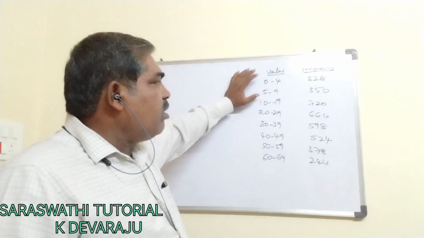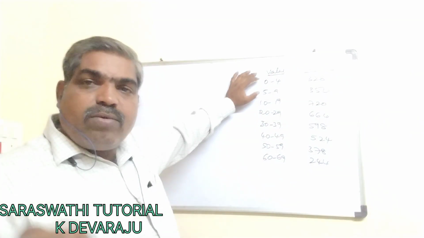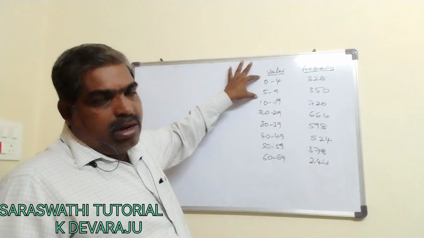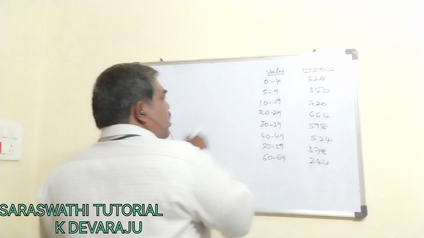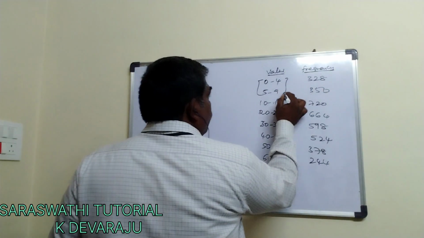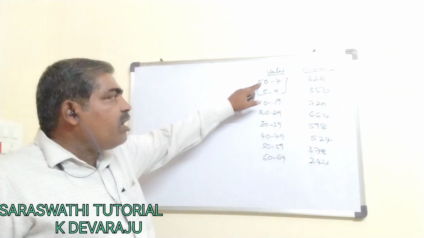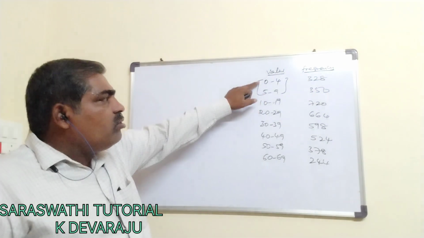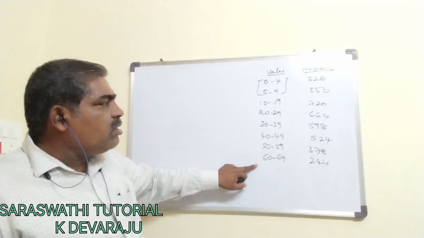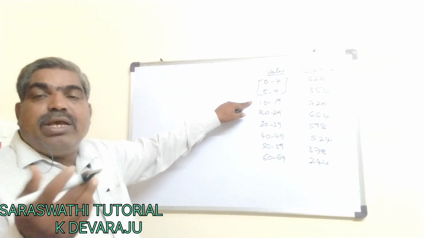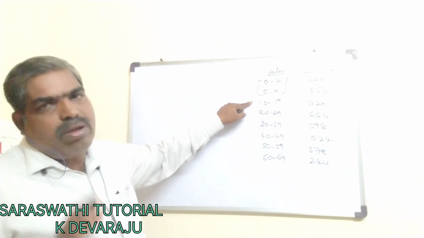If it is possible to arrange equal class intervals, we have to do so. The first class interval we should take as 0 to 9. Then all the remaining differences are 10, and this is also 10. Like that we have to calculate.